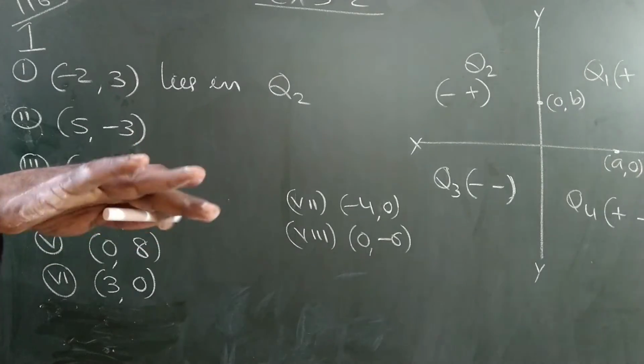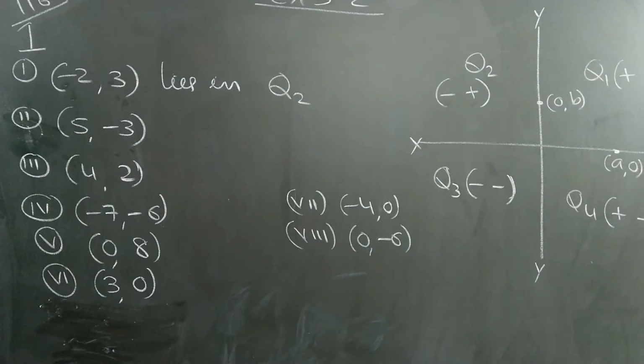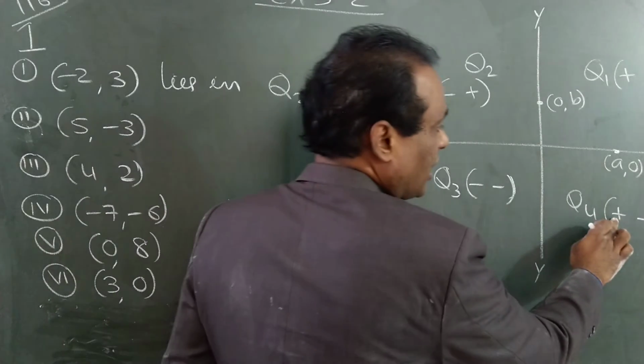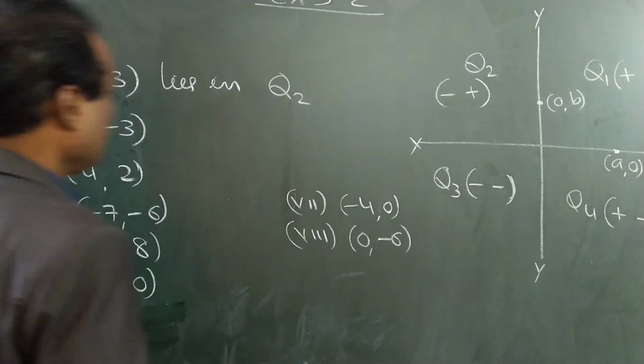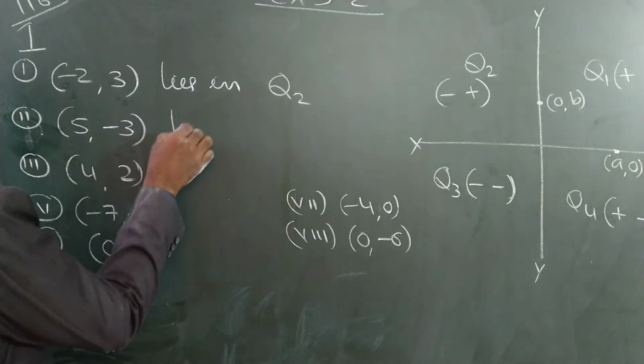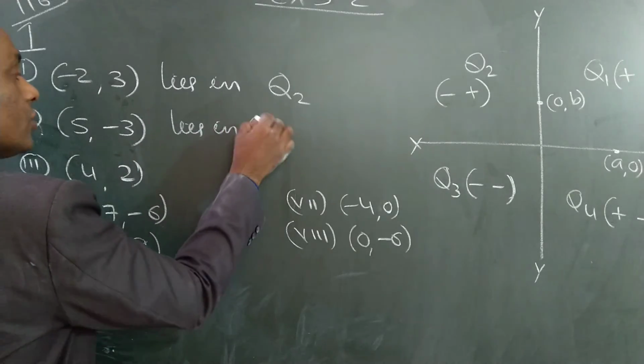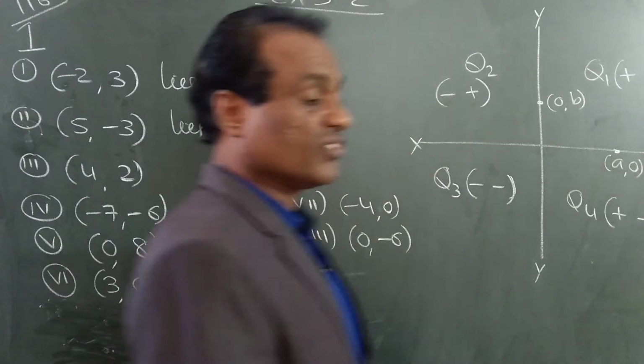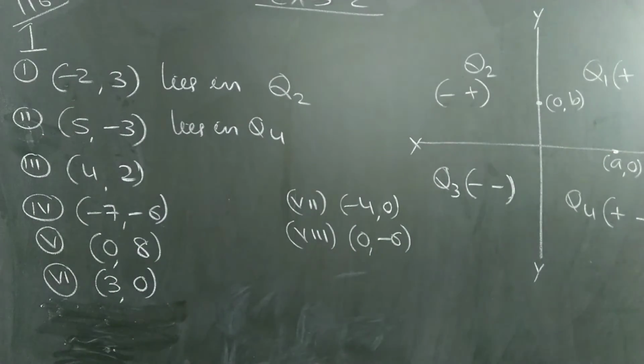Look at that notes I gave. The 6 points just now you have written, no? Or you can look at the diagram or notes. X positive, Y negative lies in fourth quadrant.